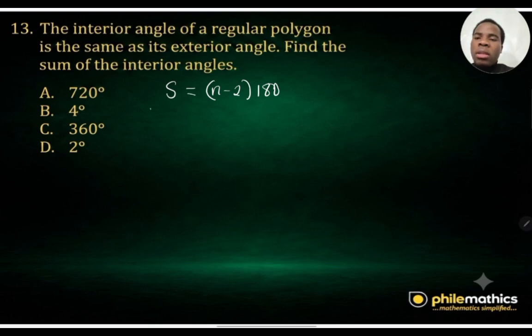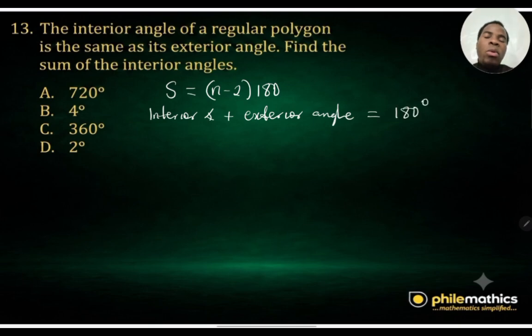We know that interior angle plus exterior angle gives 180 degrees. We know this from a polygon.